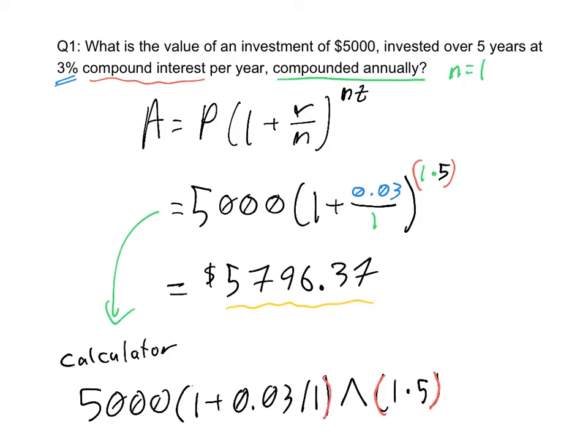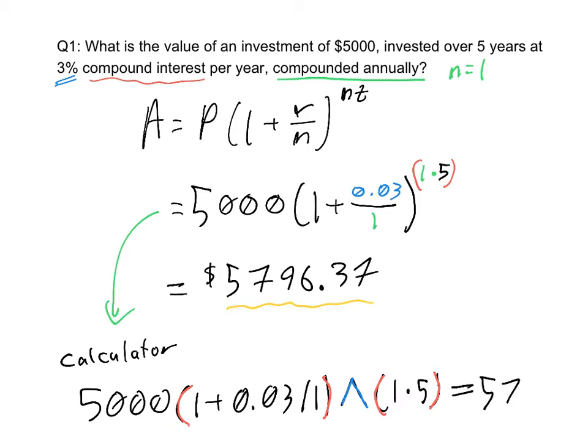These brackets are, of course, critical. This is the caret symbol on your calculator, and it's used to show that you're raising something to the exponent. So if you're typing this into a calculator, especially a TI, this is probably what it's going to look like.